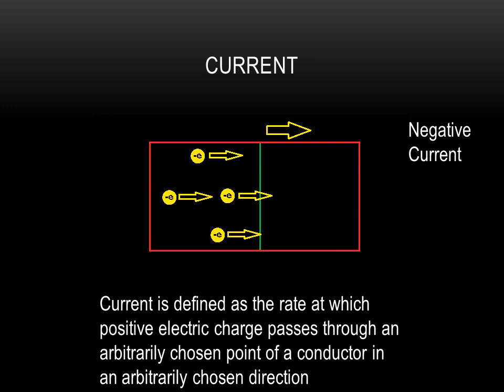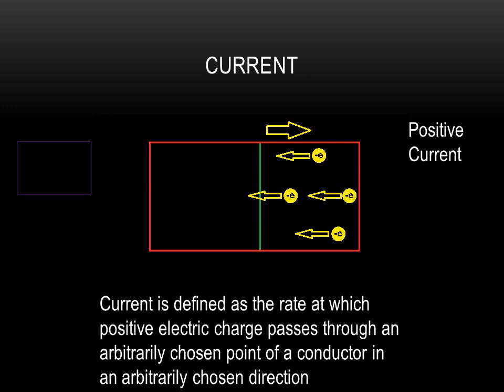Well, what if the charges were negative and they were moving in the direction that we chose? Well, that would also be negative current. So if we chose the current to be towards the right and the negative charges were also moving towards the right, then we would have to represent that current with a negative number. Furthermore, if those negative charges were moving opposite to the chosen direction, then this would be positive current.